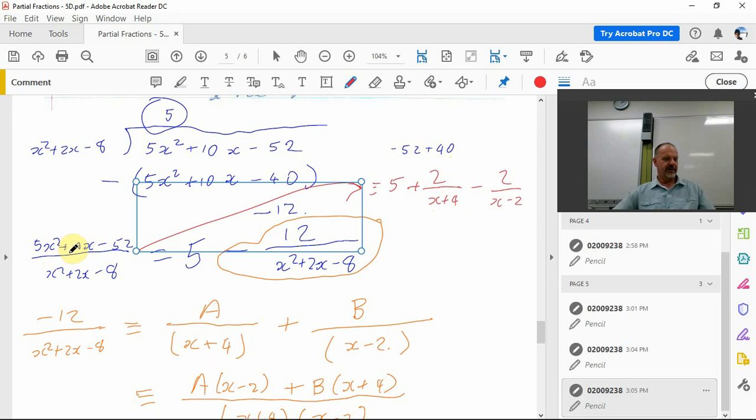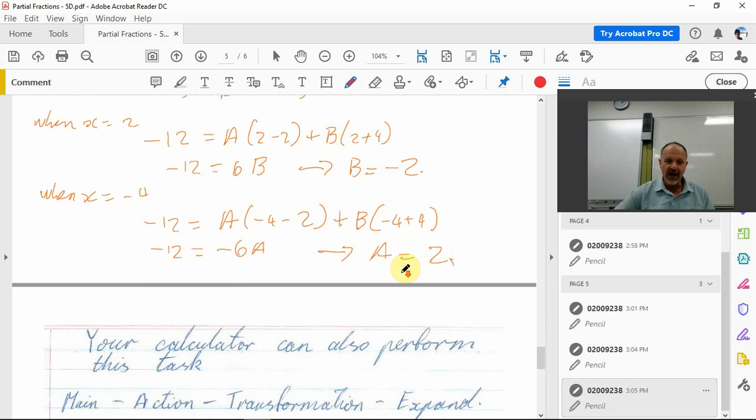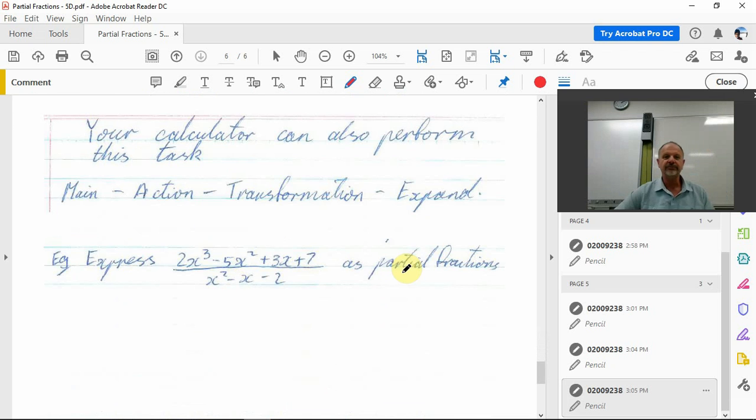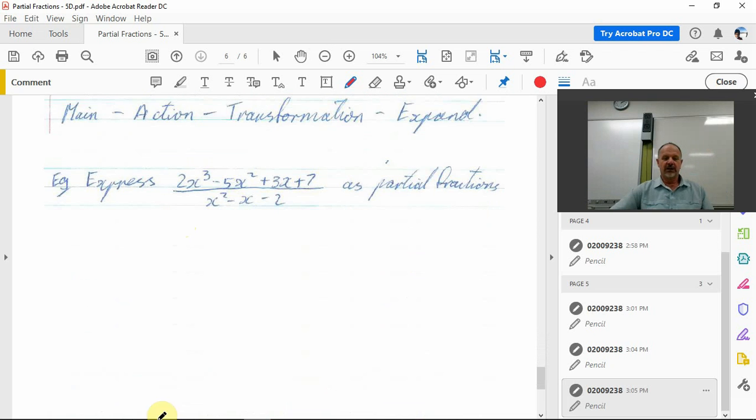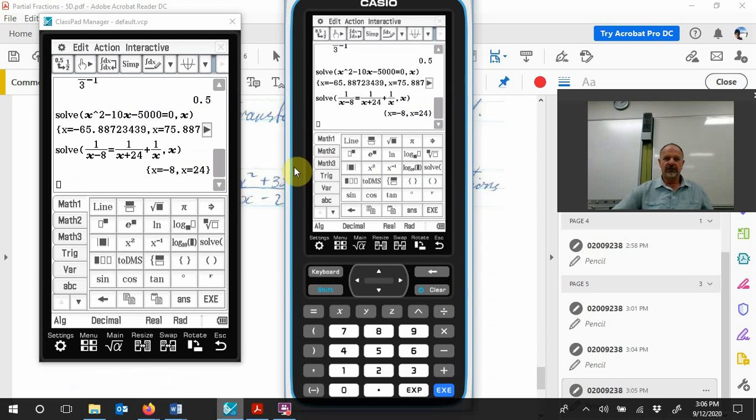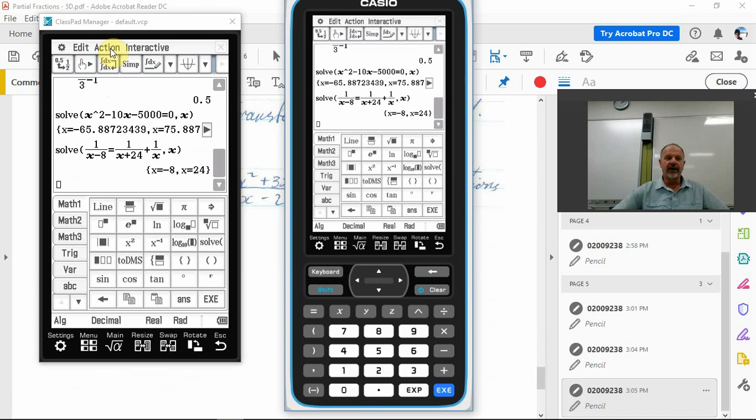All right, divided out. Now, after all of that, the good news is we can use our calculator. Yay. So in your main menu, action, transformation, expand. And there's a little trick, and I'll show you the trick. We're in the main menu.